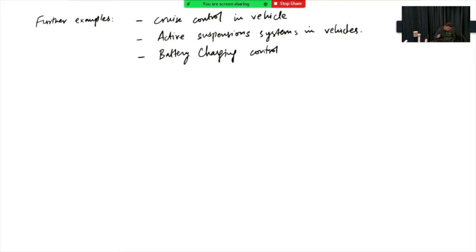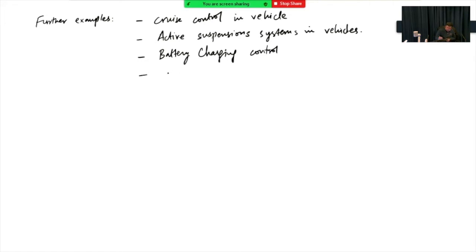And if you think of any of these applications, it has the same kind of behavior where you have something which you want to achieve, and there's a control input that can change how the output behaves. So you want to achieve a certain behavior, and then that's where the controller design comes in.